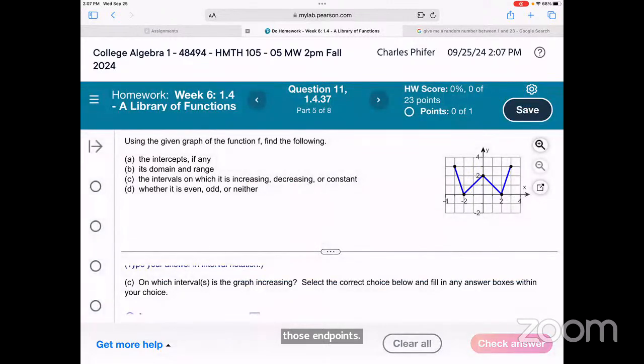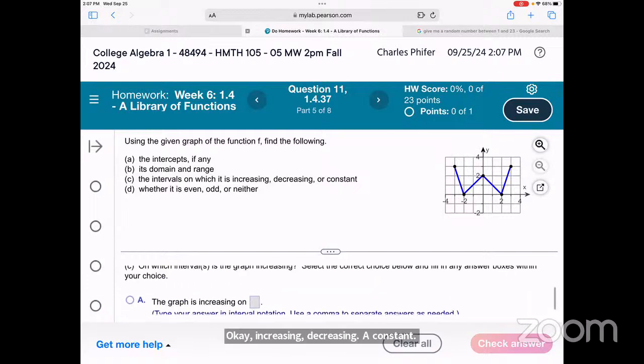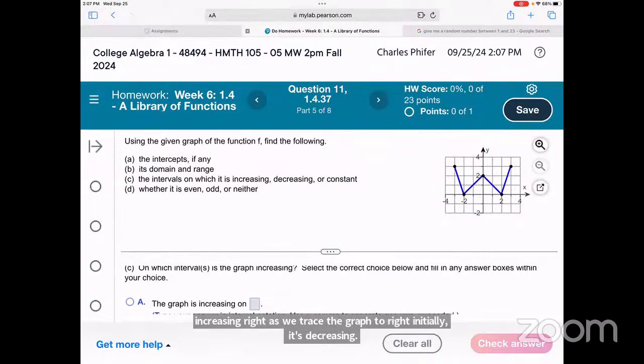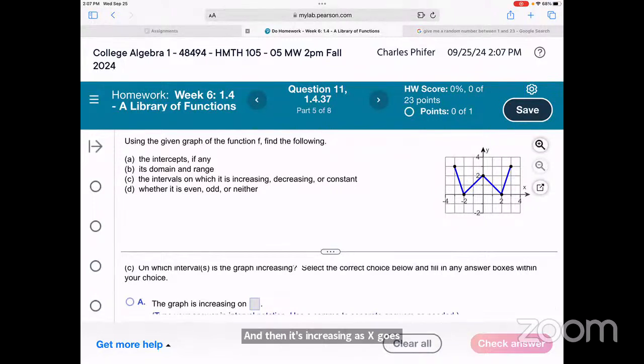Okay, increasing, decreasing, and constant. As we trace the graph left to right, initially it's decreasing, and then it's increasing as x goes from negative 2 to 0. Then it's decreasing again, and then increasing again as x goes from 2 to 3.